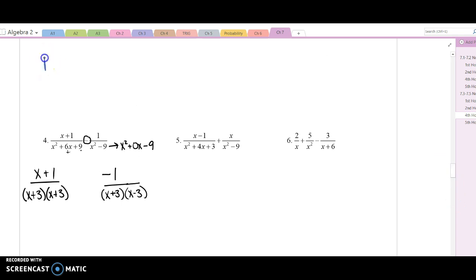Okay, we need to make the denominators match, and before we do any more, I want to remind you, if we had 2/3 plus 3/4, how would you do the addition problem? What would be the common denominator between 3 and 4? 12. So to make the 3 become a 12, we'd have to multiply by 4.